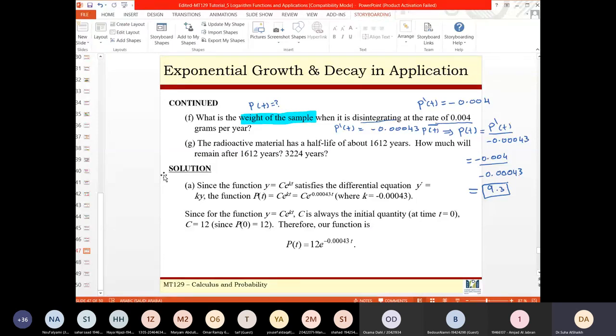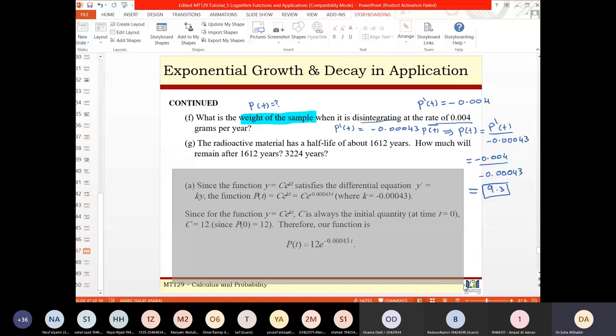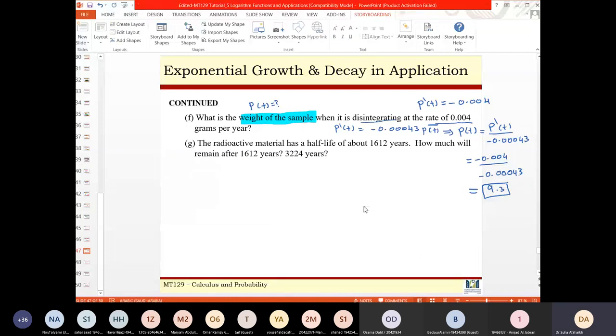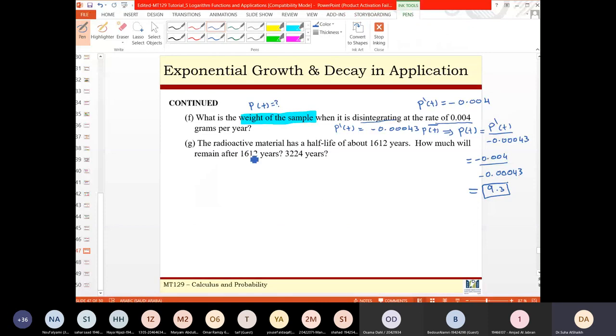Now, part G. The radioactive material has a half-life of about 1612 years. What does that mean? It means that in 1612 years it has a half-life.